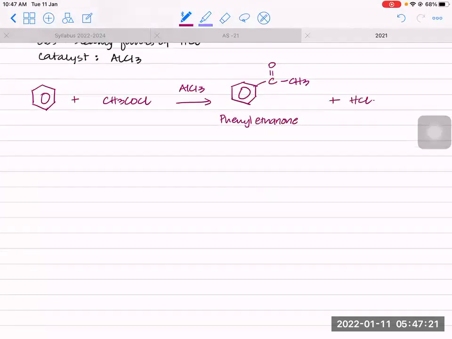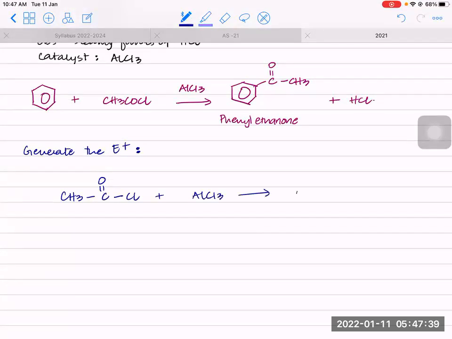Now the first thing that we've got to do is generate the electrophile. So let's generate the electrophile. How will we generate the electrophile? You will take CH3C=OCl plus AlCl3. This will give you AlCl4 minus plus CH3CO plus.